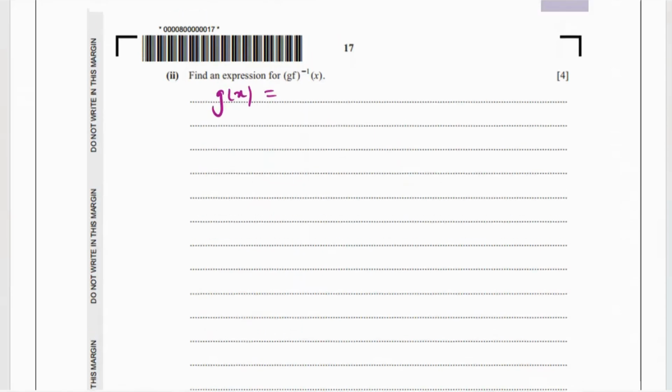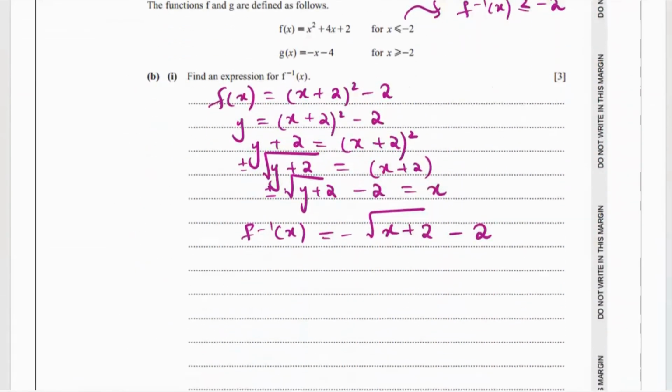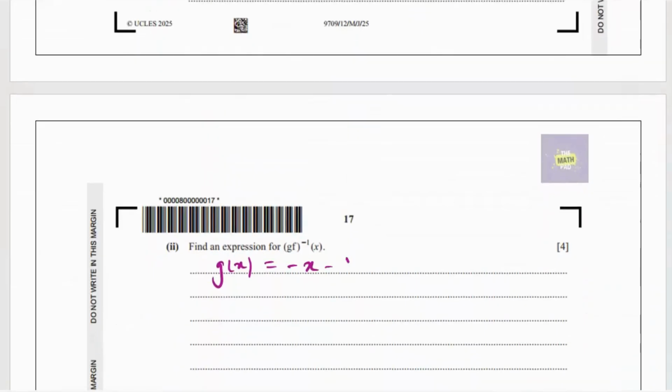Then find an expression for the inverse of g f of x. So you first find the composite function for g of f of x and then find the inverse of that. g of x is given as minus x minus 4, and f of x is x squared plus 4x plus 2.